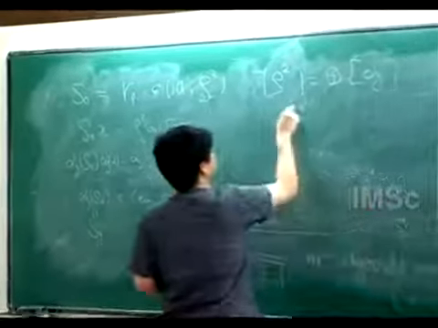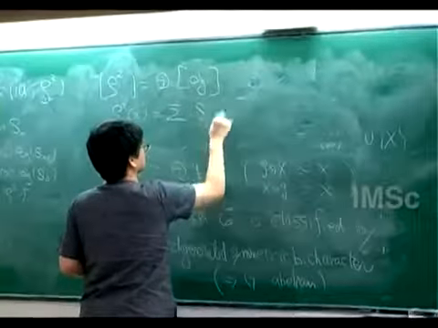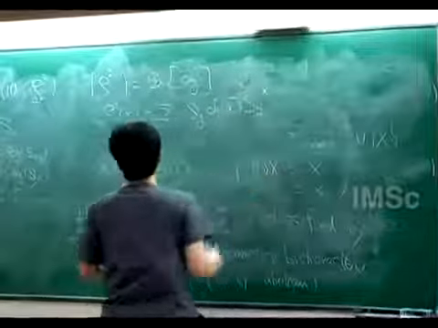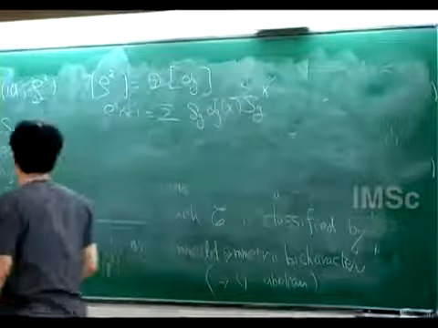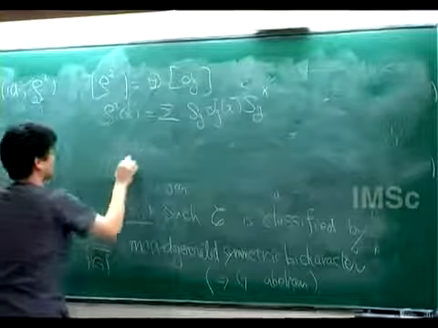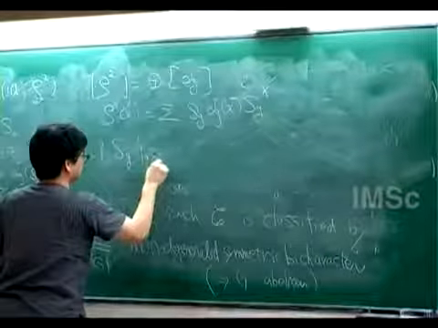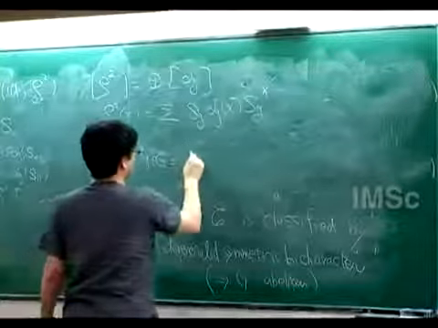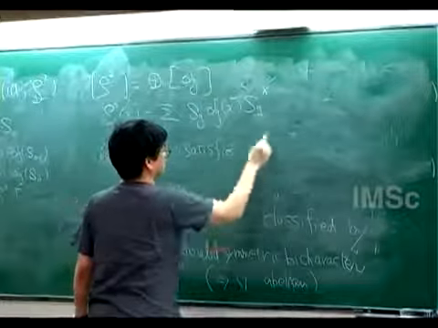So rho square x is SG alpha g x, these terms. And so this family of isometries satisfies the so-called Cuntz algebra relation.